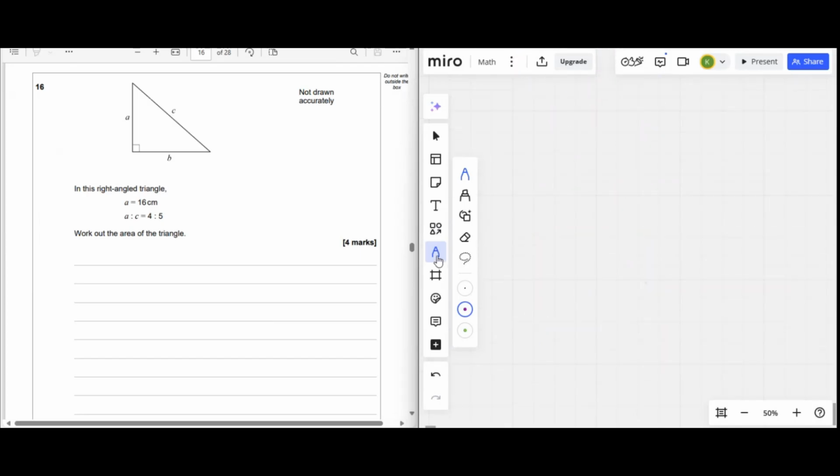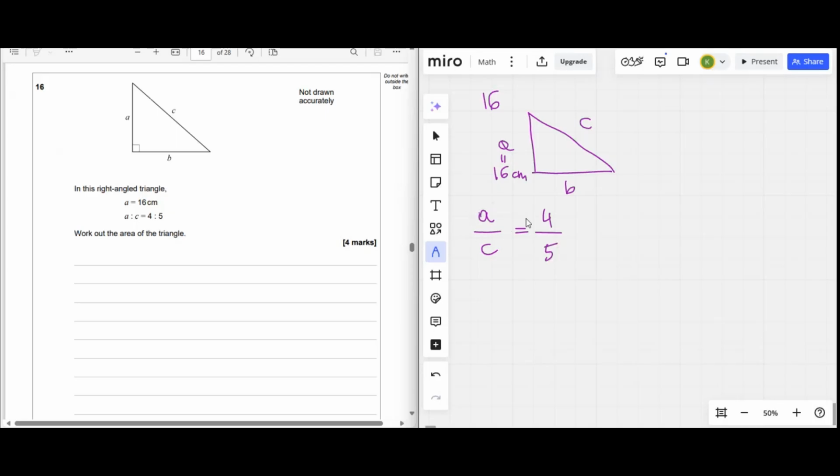Next, we have a right angle triangle. A, B, and C, and we know that A is 16 centimeters, and we have a ratio A to C being 4 to 5.